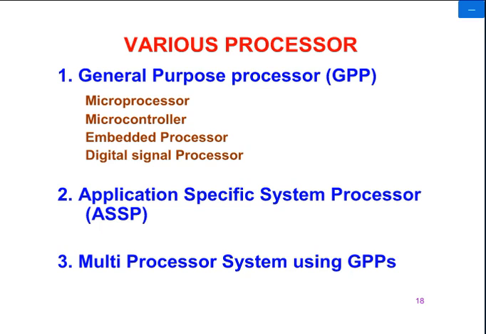And another type of processor is the multi-processor system, and these multi-processor systems are designed as a combination of different general purpose processors. When multiple tasks are required to execute, a single processor is not able to execute them simultaneously, because the microprocessor or microcontroller executes the operation line by line, means one single instruction at a time.